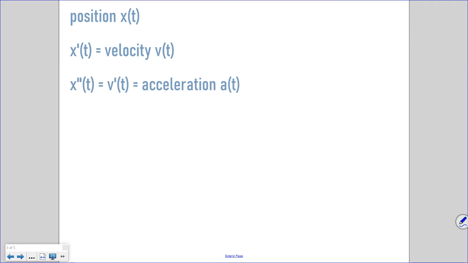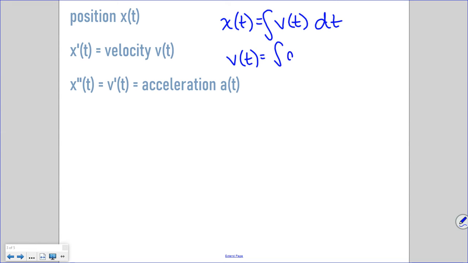So position is the indefinite integral of velocity plus a constant, with respect to time, dt. And I'm using t instead of x because I have this variable. And then if I want velocity, that's going to be the indefinite integral of acceleration, dt.